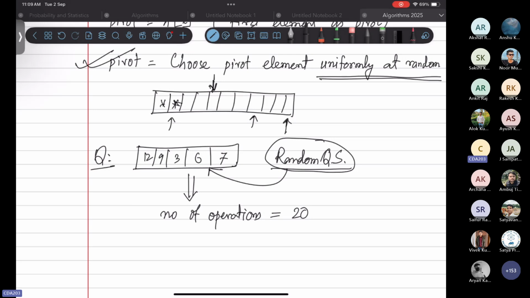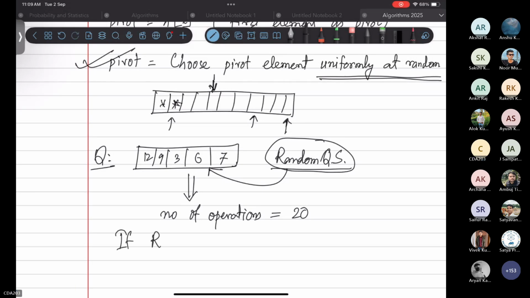It's something more than that, but let's assume that when I apply randomized quicksort on this array, I have made 20 operations. Now the question is, if I run this quicksort algorithm again on the same input, am I going to perform the same 20 operations?